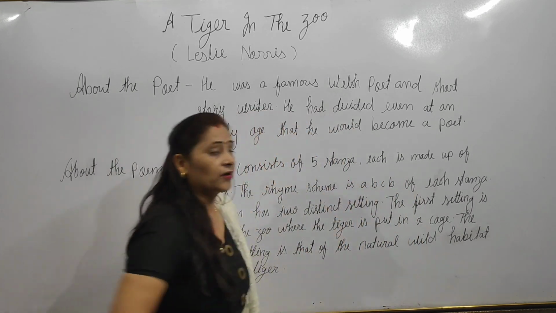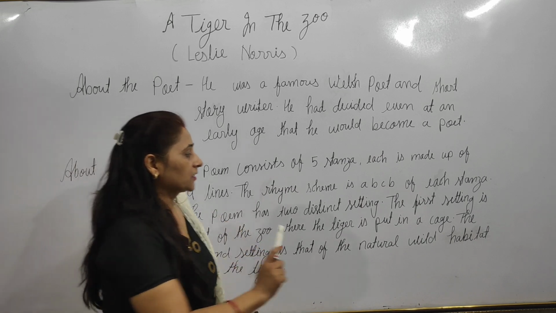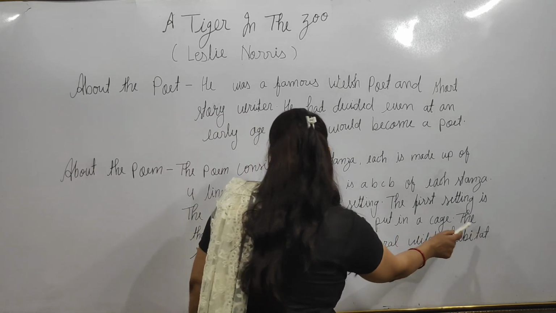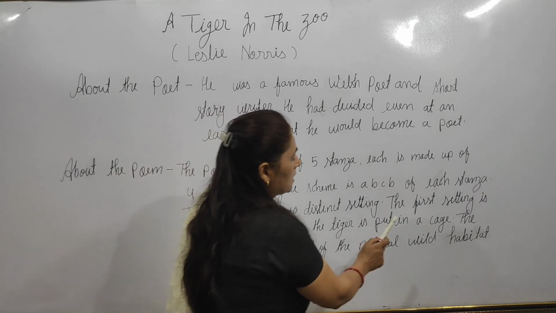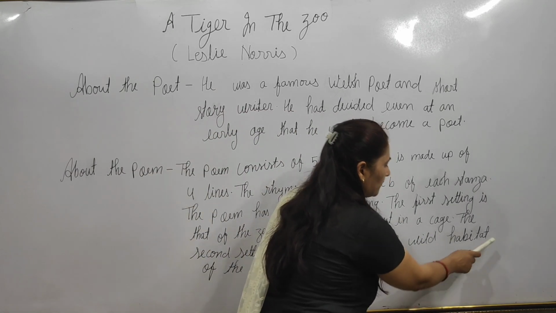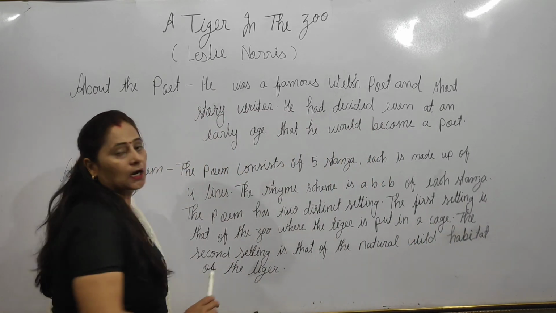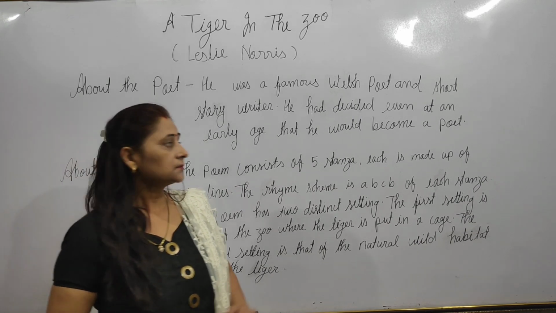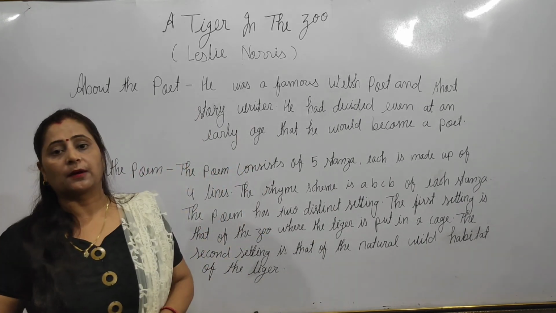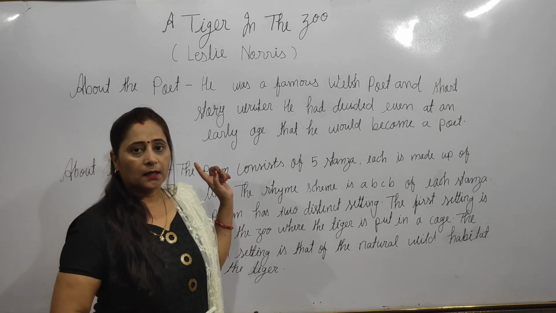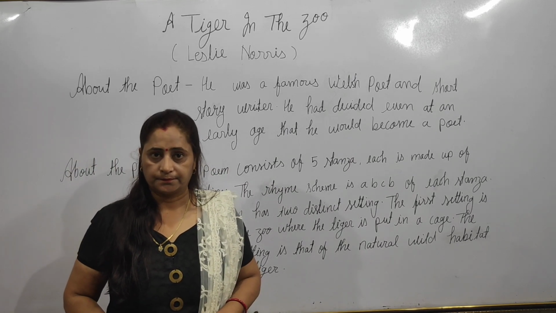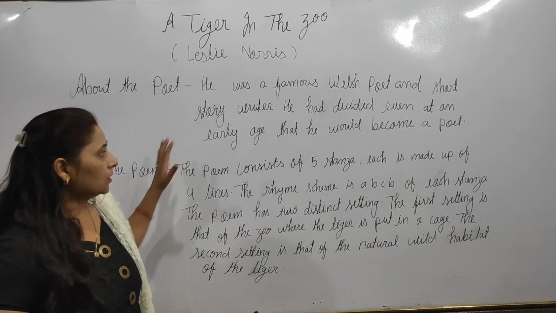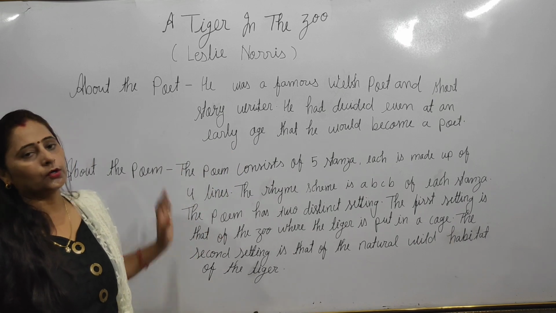It means the first setting reveals the tiger in a zoo, and the second setting is that of the natural wild habitat of the tiger. I hope the introduction about the poem and poet would be clear to you all. Okay. Now you can take the screenshot or note it down.